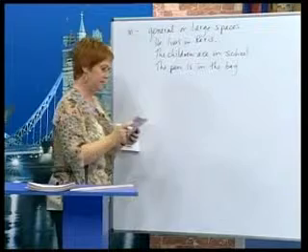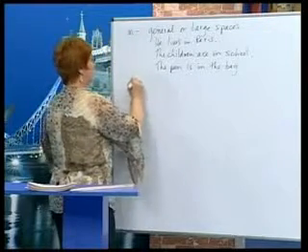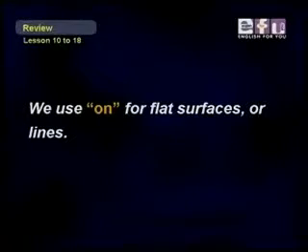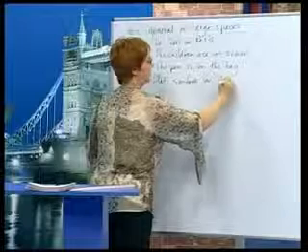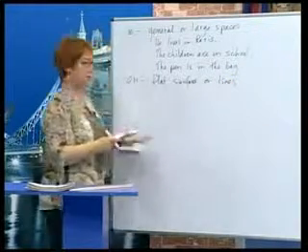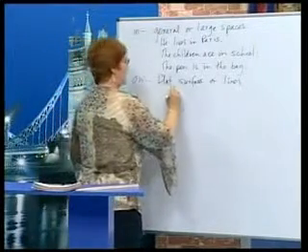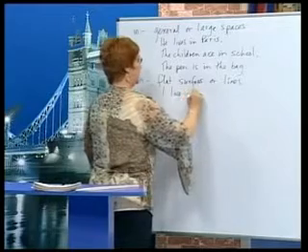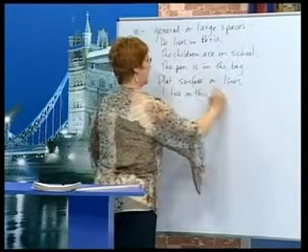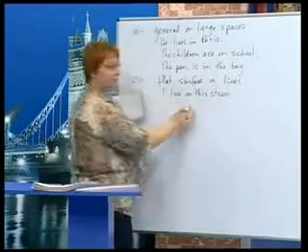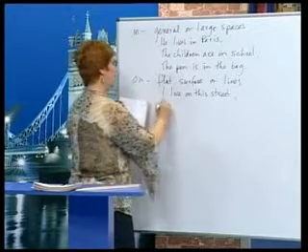In the bag. Now, with on, remember, on is for flat surfaces or lines, like a street or a road. Okay, this is a flat surface. So, I live on this street.